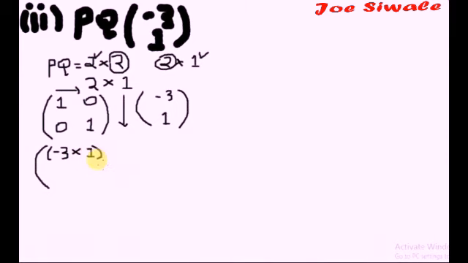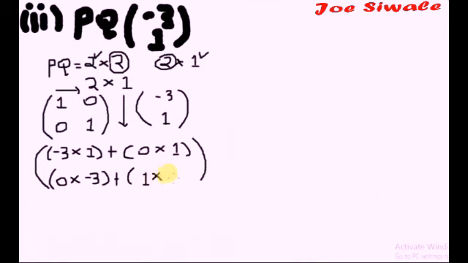I'll say 1 multiplied by −3, that's −3, plus 0 multiplied by 1. Then 0 multiplied by −3, plus 1 multiplied by 1.